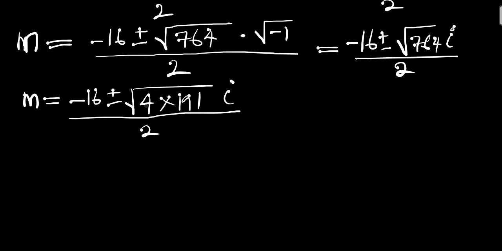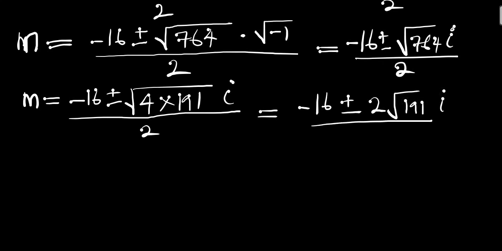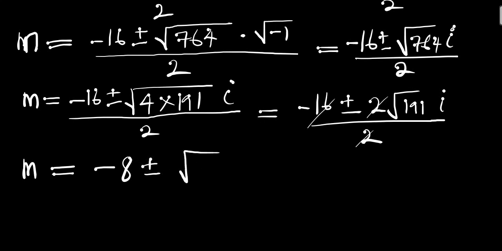If you take the square root of 4, it is 2. So this simply means we are going to have negative 16 plus or minus 2, root of 191 times i divided by 2. So we are going to have m equals, these two can divide all we have here. So we are going to have negative 8 plus or minus root of 191 times i, and that is it.